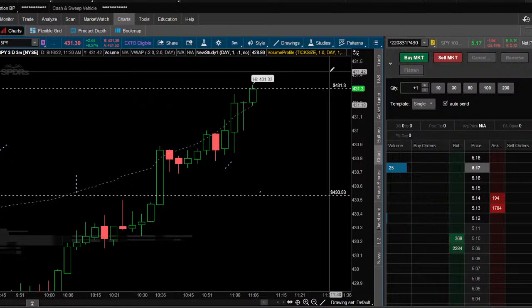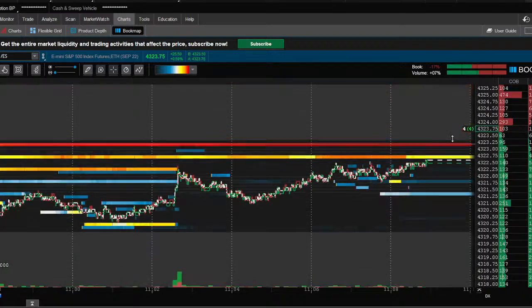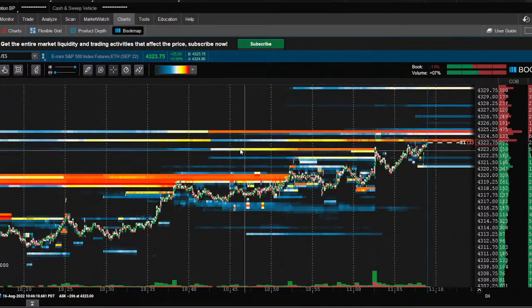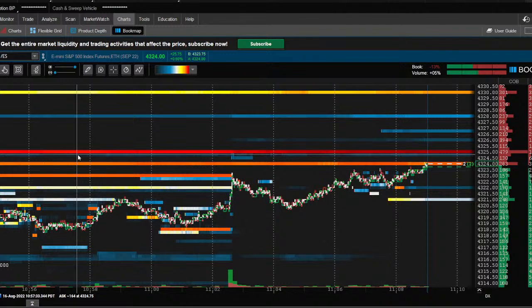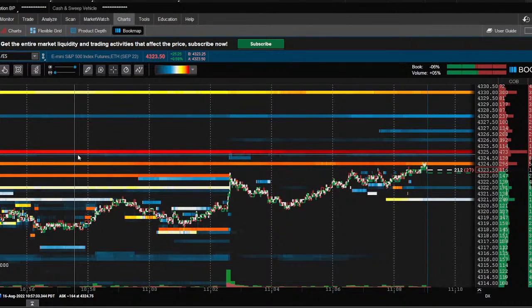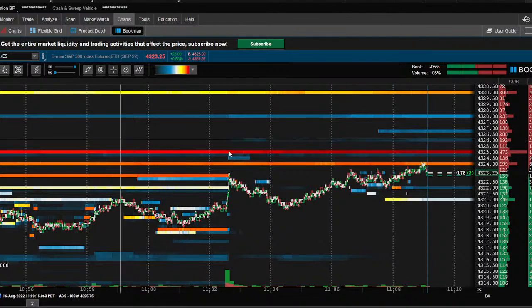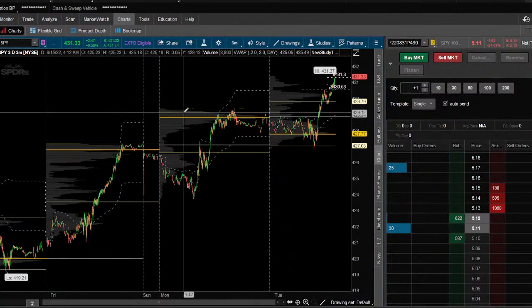So we'll see what happens with this buy. This thing's crazy, yo. Now they added more to the book here. 43.25, big order right there. We'll see. This thing's tough, though.